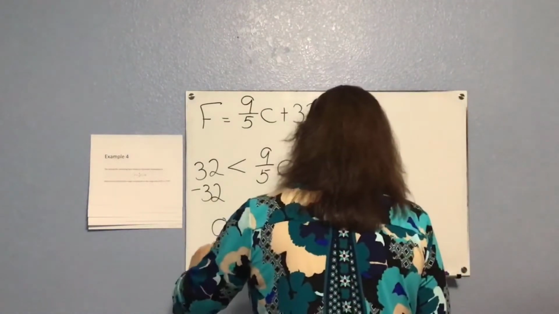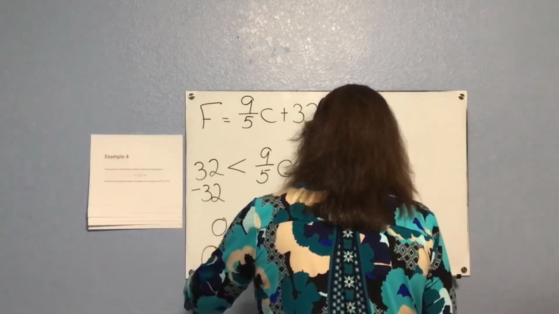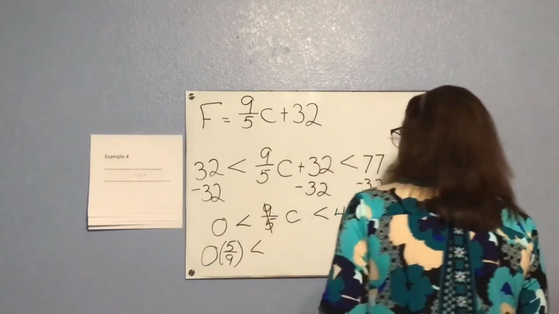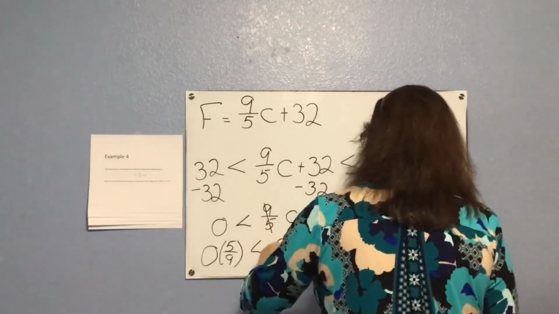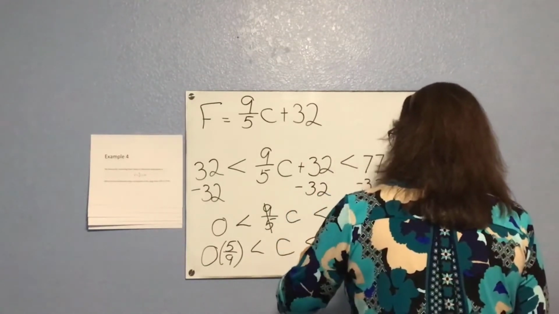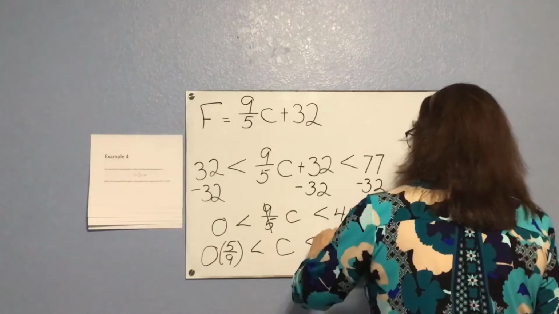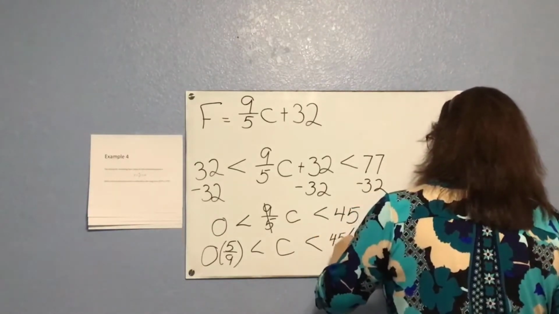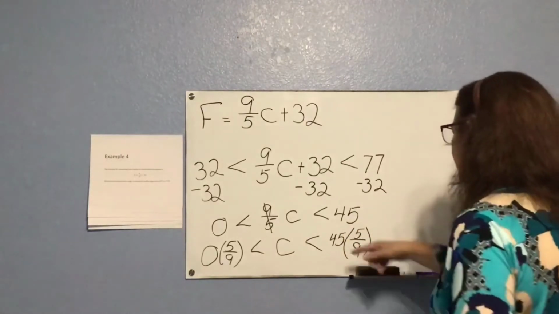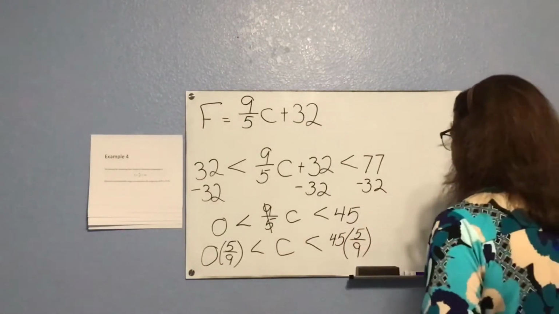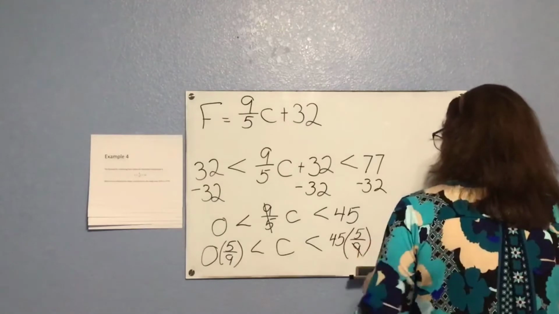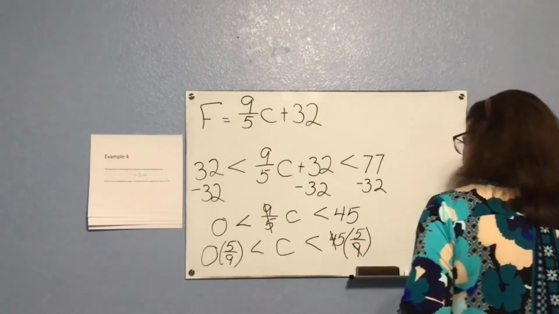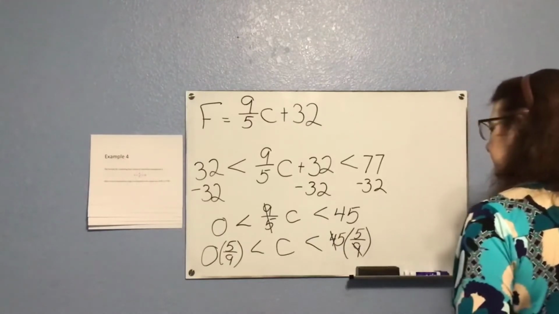So now I have 0 times 5/9. This is going to cancel out, and I'll have just the C. And then over here, I'm going to have 45 times 5/9. Well, very conveniently, 45 is divisible by 9. So I can cancel that out and change this 45 to just a 5.